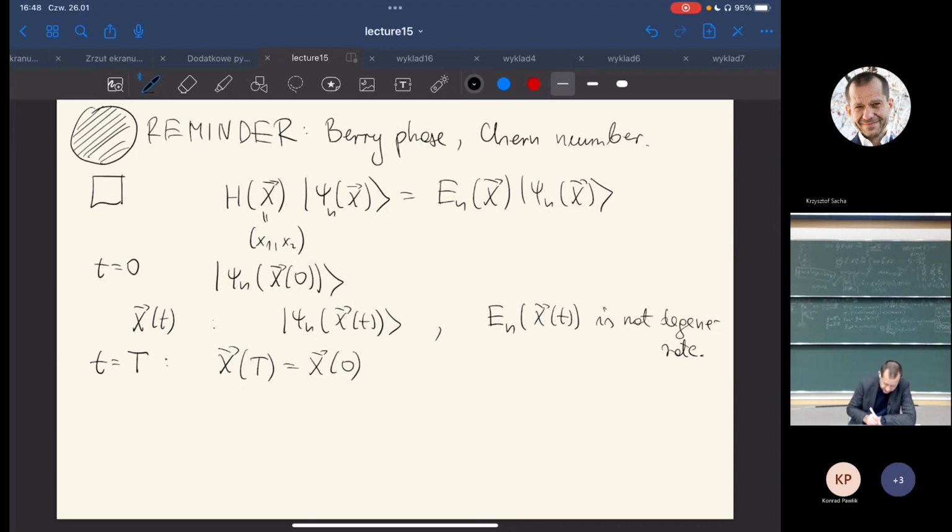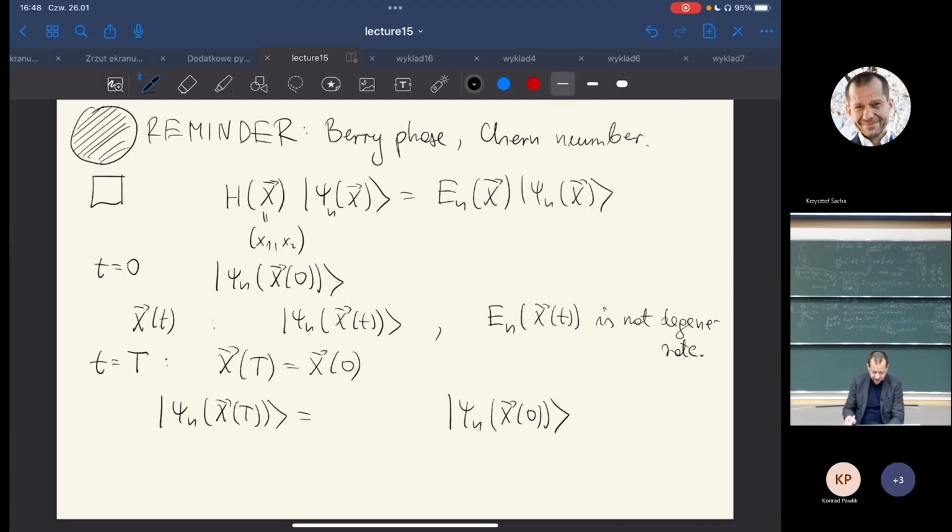Then we expect that at the end of the evolution, the system is in the same eigenstate, which means that this is equal to psi of x of 0. So the probability of the occupation of other eigenstates is negligible.